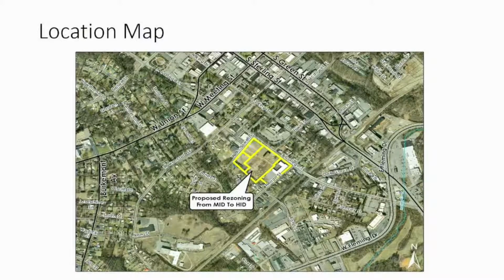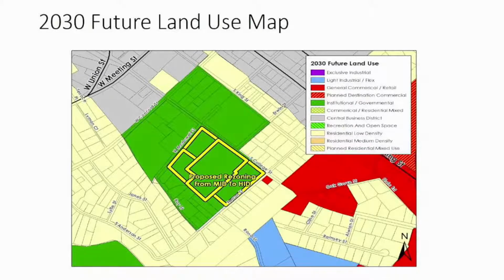I guess my question, I'm trying to get an understanding of where existing properties lay to the back of that property, if you will. That's the Jones Street area. There is some lower intensity development there on Bay Street and on the back end of Heron Street, some smaller properties.